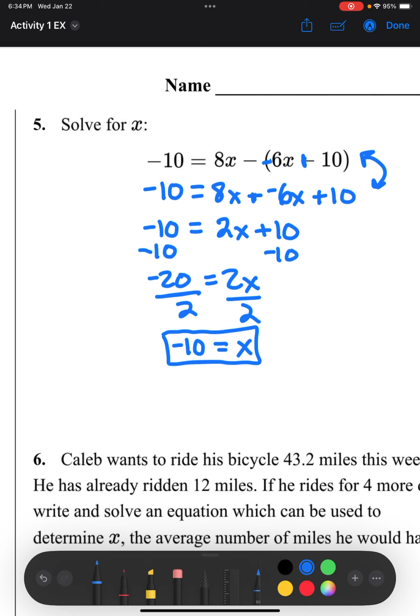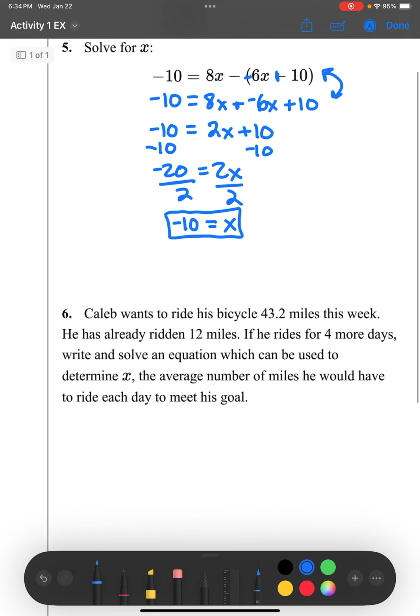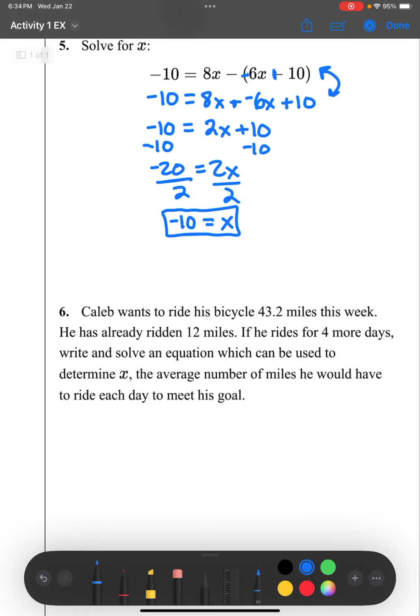All right. Number 6. Caleb wants to ride his bike 43.2 miles this week. He has already ridden 12 miles. If he rides for 4 more days, write and solve an equation which can be used to determine x, the average number of miles he would have had to ride each day to meet his goal. So we know his goal, right, is 43.2 miles.